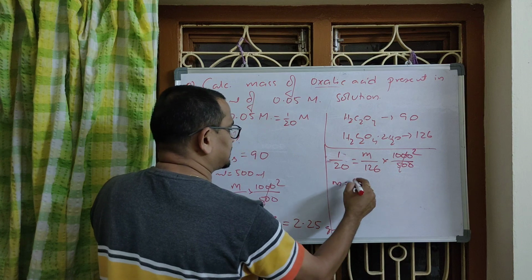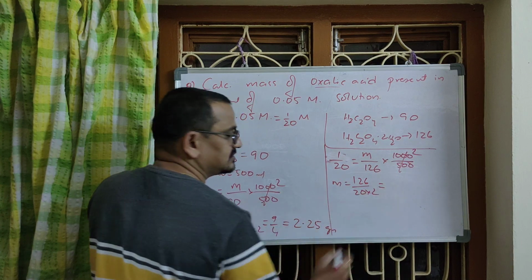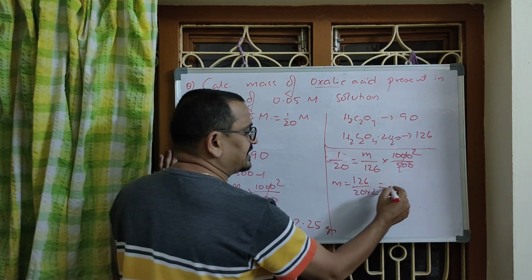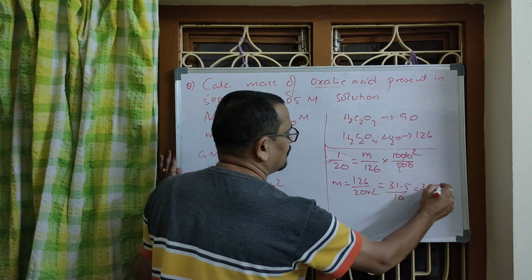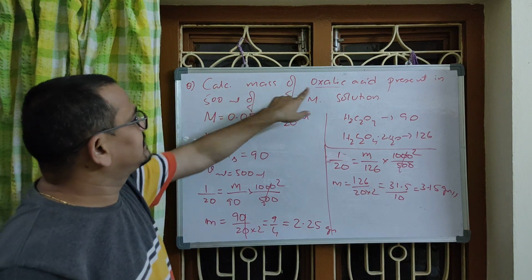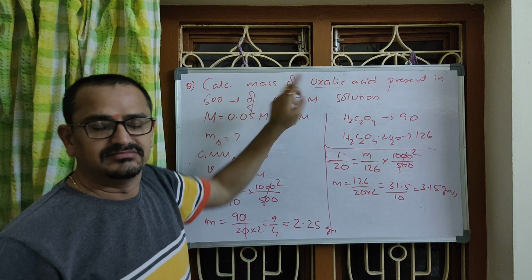So mass equals 126 by 20 into 2. 126 by 2 is 63. 63 by 2 is 31.5 by 10. It is 3.15 grams.